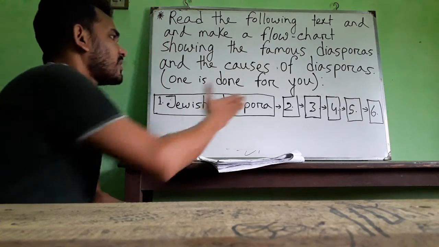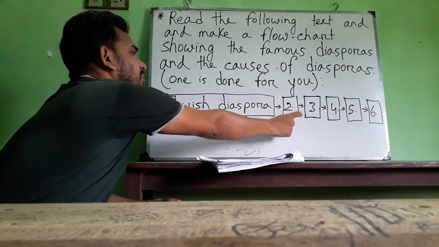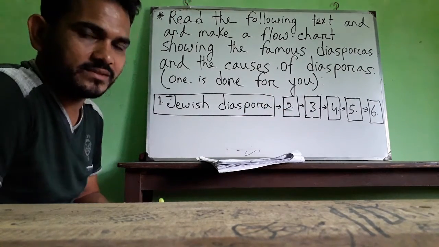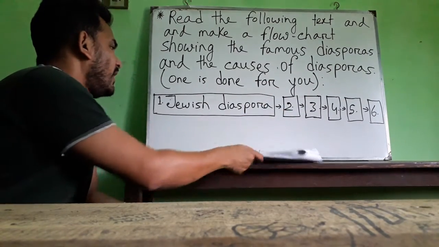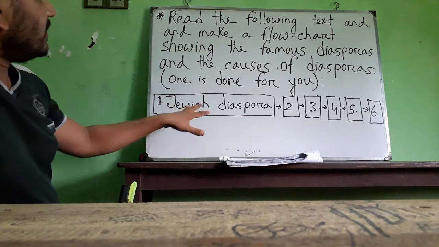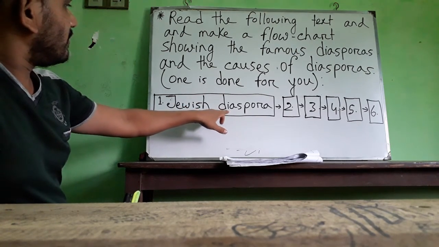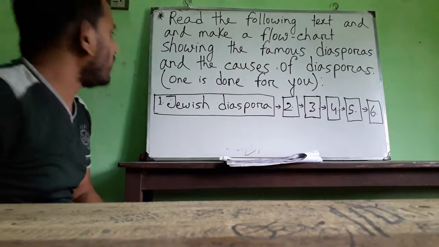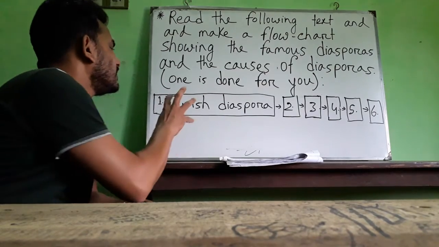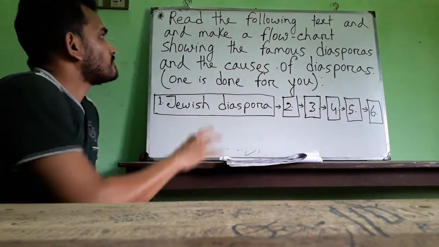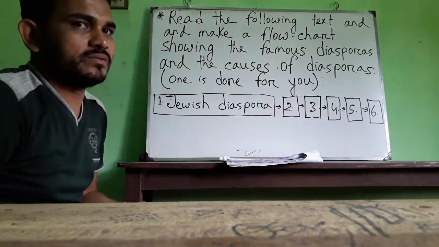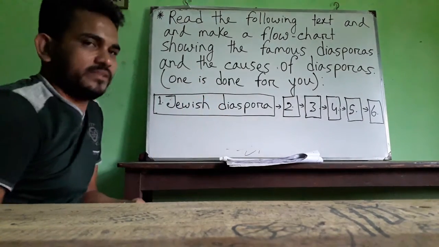So here we have blank boxes, and the writing inside the first box is about famous diasporas. Okay, here 6 boxes.